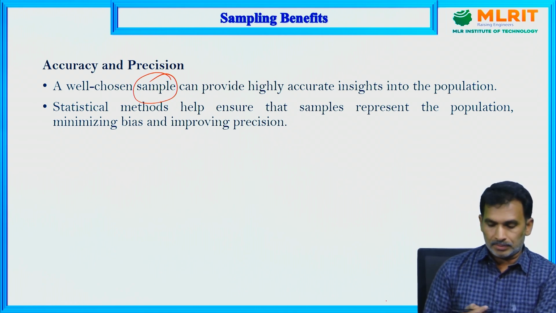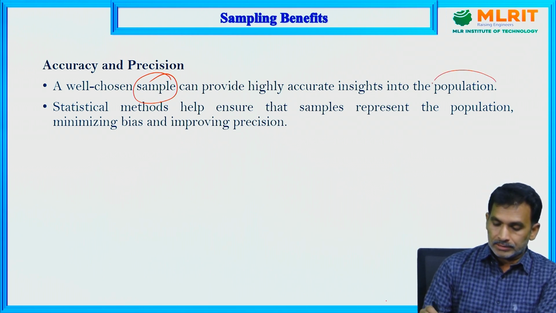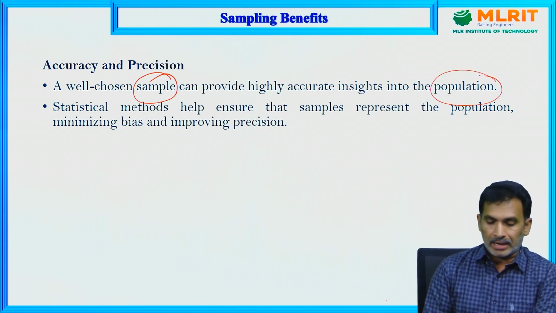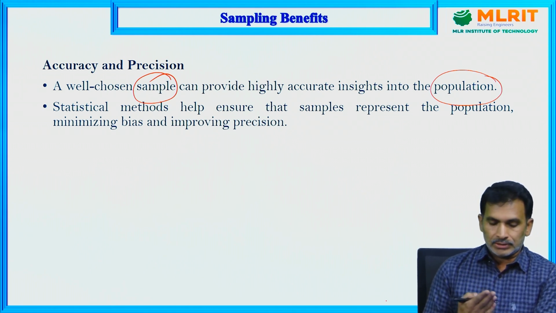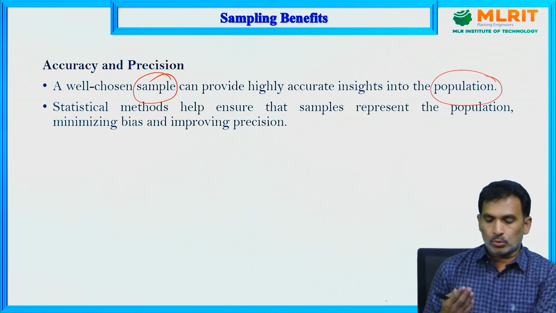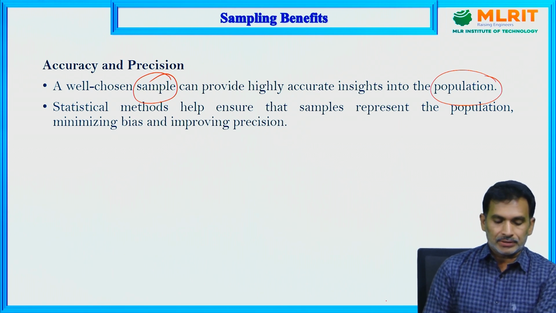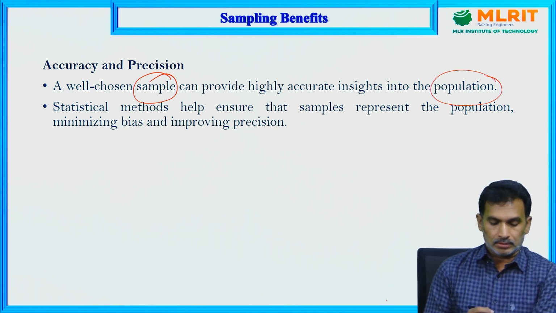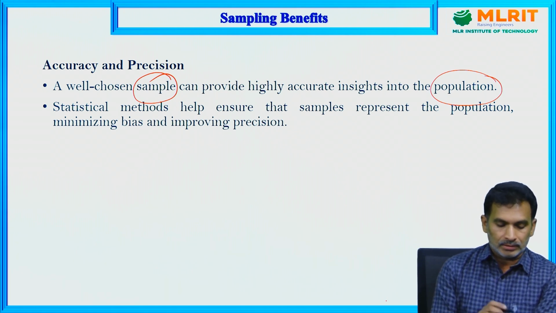That means the sample statistics derived correspond to the population, and those values are highly correlated to the entire population, representing the entire population. Next, statistical methods help to ensure that the samples represent the population, minimizing bias and improving the precision.